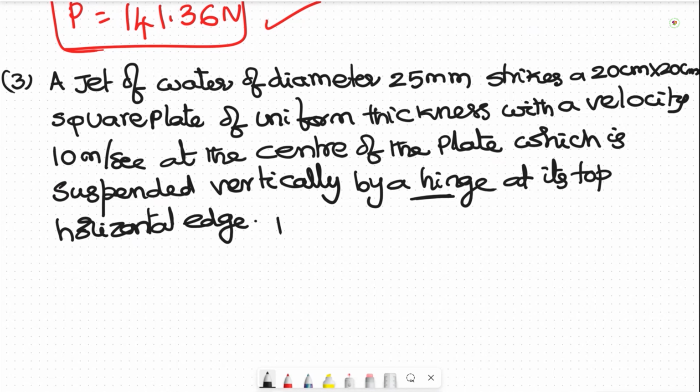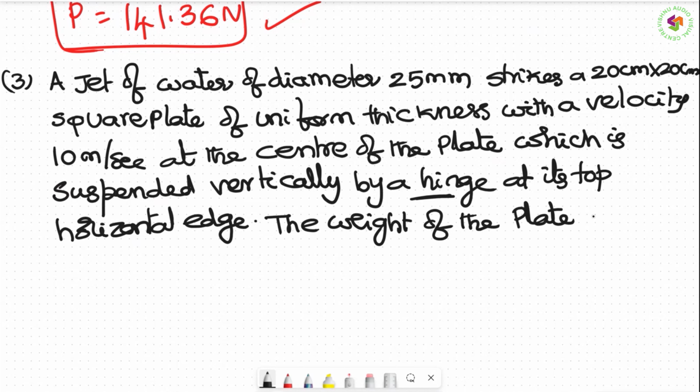The weight of the plate is 98.1 newtons.